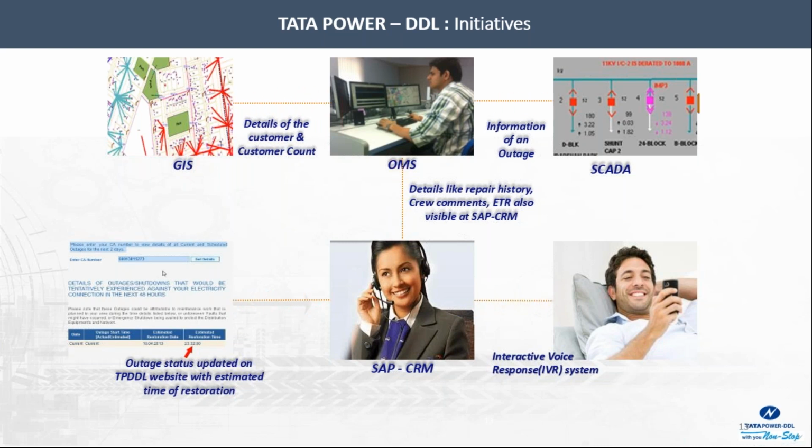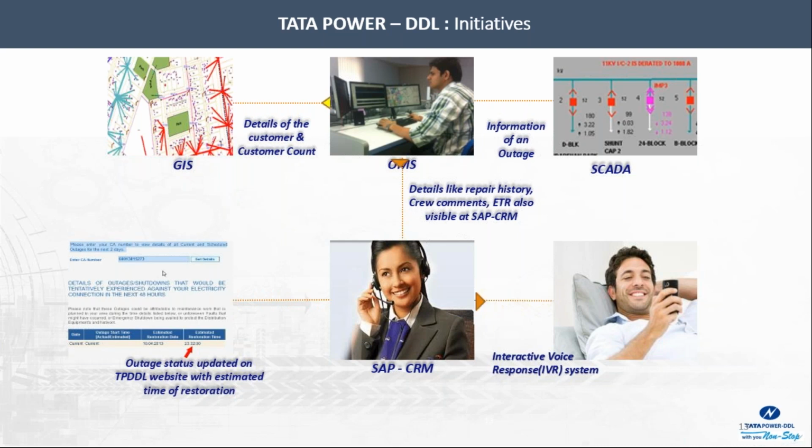The SCADA system, which I have shown here, is also now changed to Advanced Distribution Management System from GE. And this SCADA system and OMS system are now integrated in Tata Power Delhi. So all GIS data or network, electrical network, is used by ADMS system, Advanced Distribution Management System, which is a combination of OMS and SCADA system.